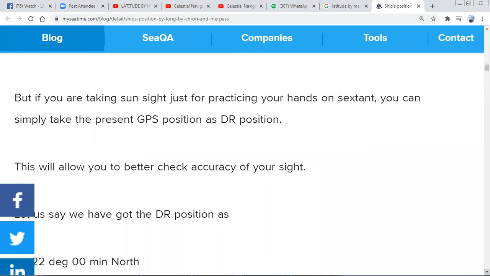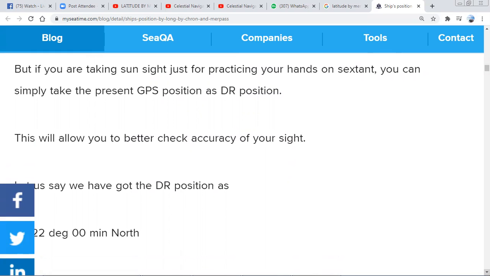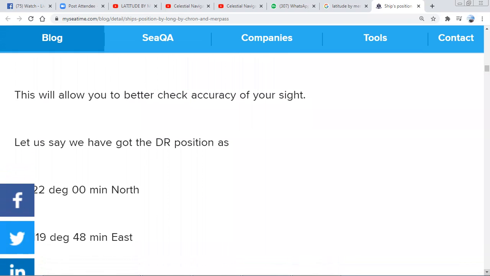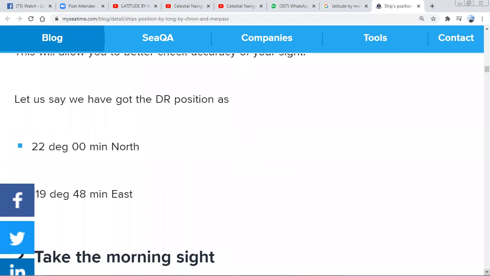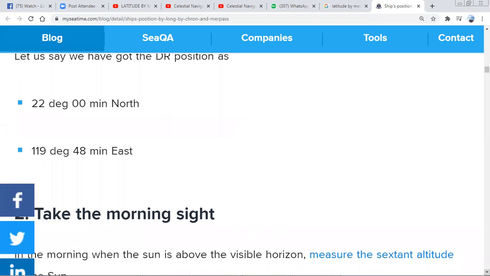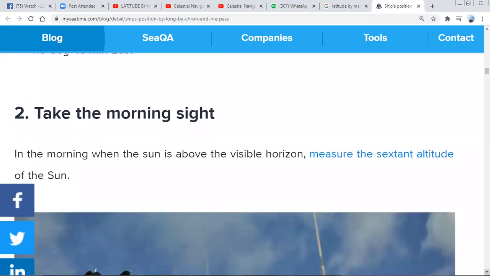But if you are taking a sight for practicing your hands on the sextant or just to be independent, for the sight we can also take the GPS position as a DR position, and it will give you better accuracy to check. So we assume our DR position as 22 degrees north and 119 degrees 48 minutes east.